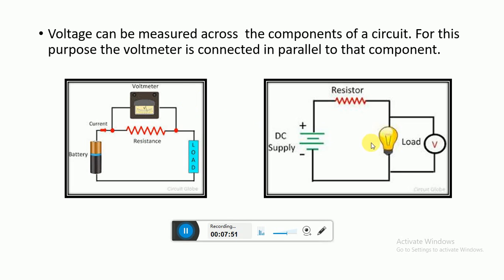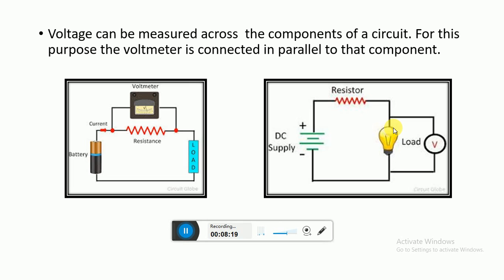Look at the next figure, the second figure, which is a DC supply. Again, the question is: what is a DC supply? We will discuss it later. This time our aim is to find out the voltage across the bulb. So when we want to determine the voltage across the bulb, we will connect the voltmeter. This is the symbolic representation of a voltmeter. We will connect the voltmeter in parallel to that bulb.